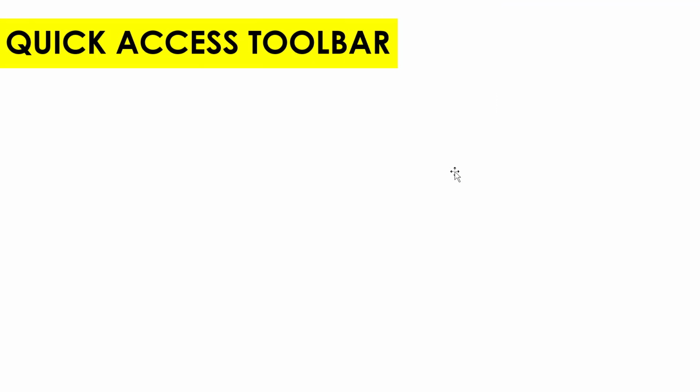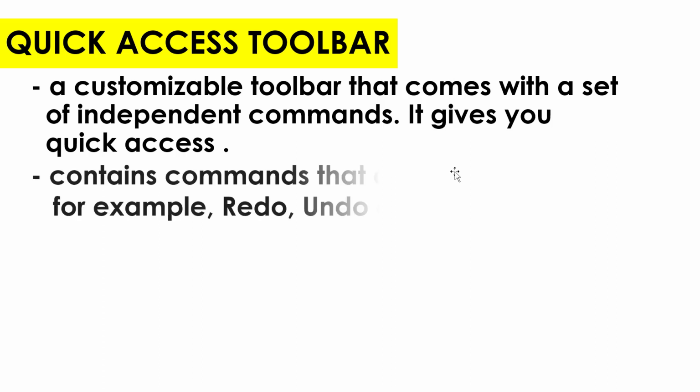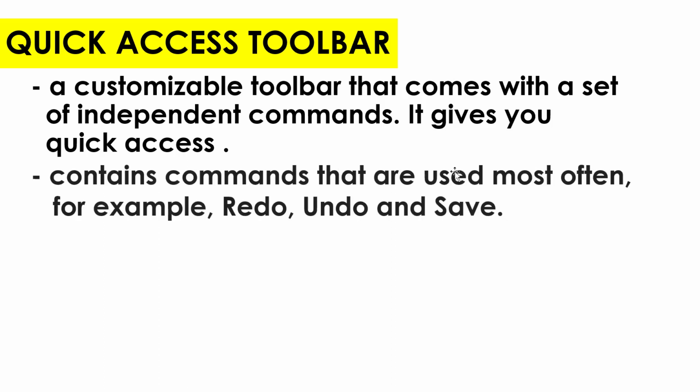First is the Quick Access Toolbar. A Quick Access Toolbar is a customizable toolbar that comes with a set of independent commands. It gives you quick access, contains commands that are used most often, for example, redo, undo, and save.